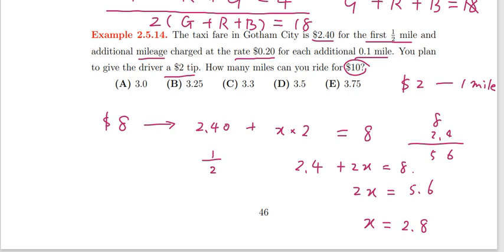The question is how many miles can you ride? So this x is 2.8 miles. Then the total is 2.8 plus the first half mile, 0.5, so this equals 3.3.